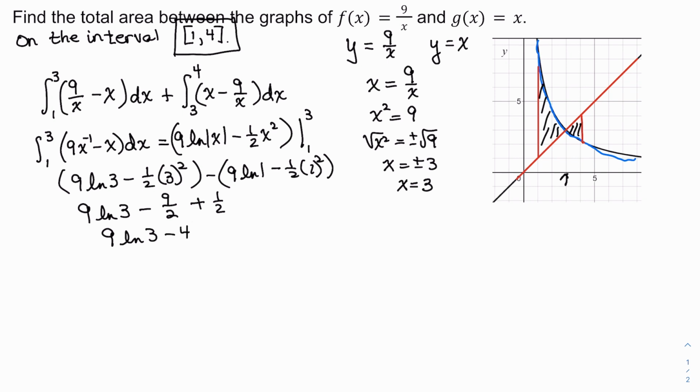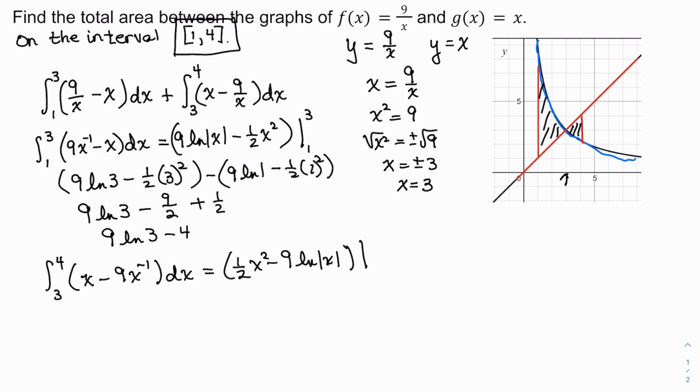Now remember, that's just the first part. We still are going to take the definite integral from 3 to 4 of x minus 9 times x to the negative 1, dx. And that's 1/2 x squared minus 9 times the natural log of the absolute value of x, evaluated from 3 to 4.